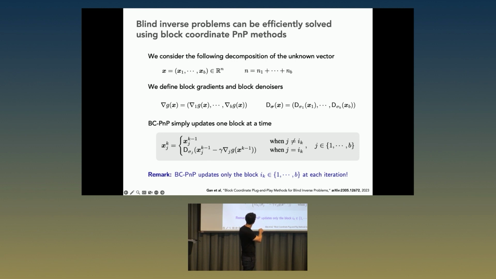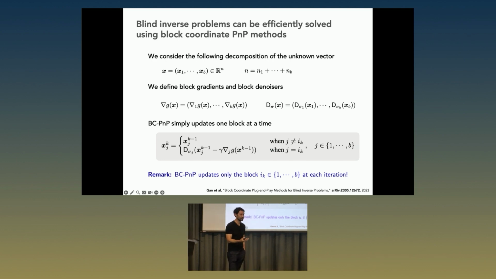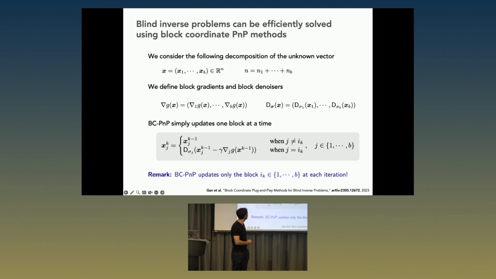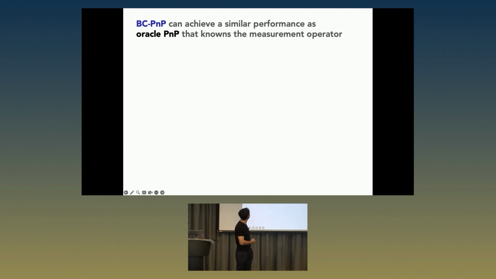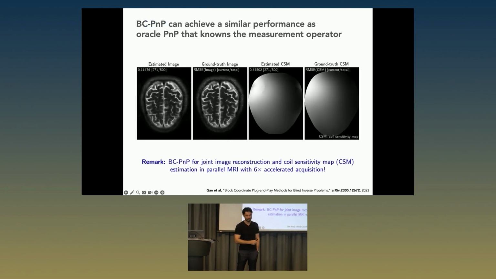So here you can see the block selection. I didn't specify it, but you can do a random block selection, or you can do sequential block selection, and this will change a little bit the theoretical analysis that I'm going to show, but not significantly, just like in traditional block coordinate algorithms.